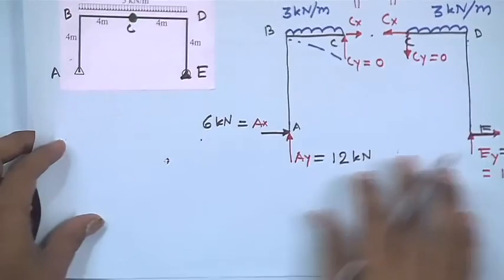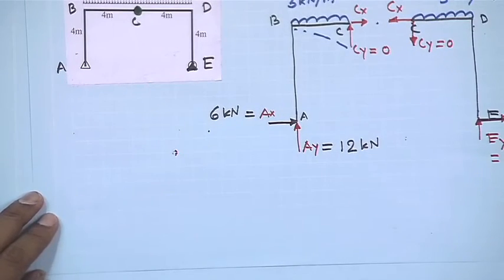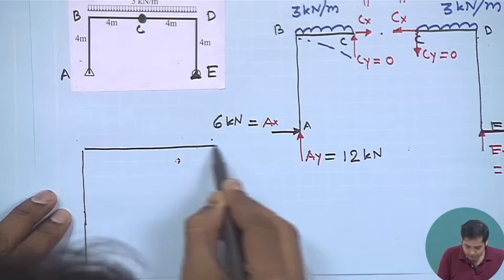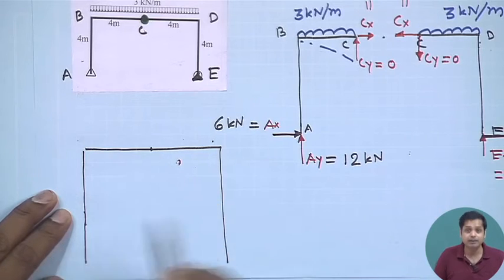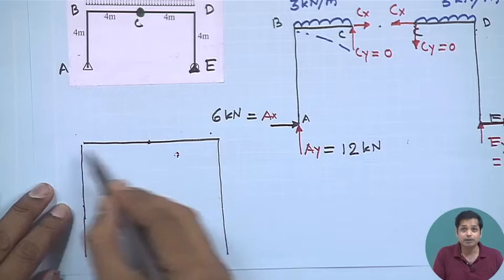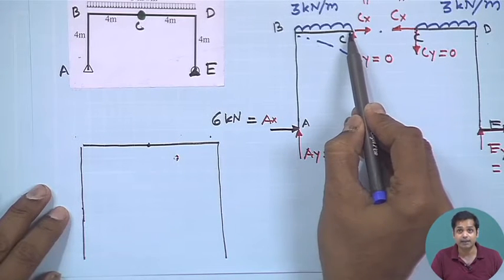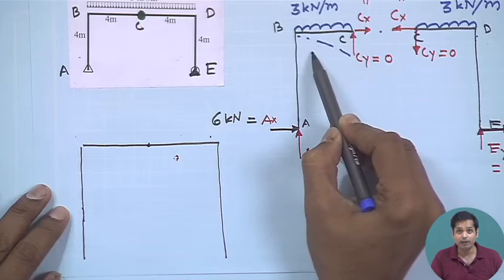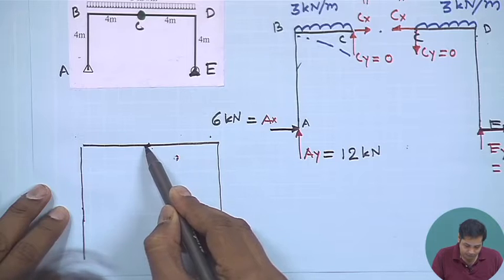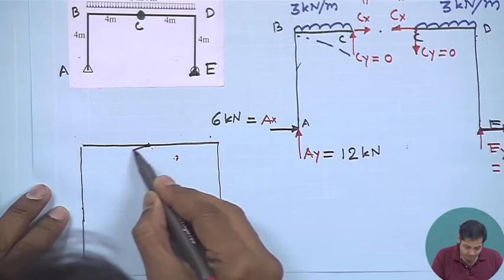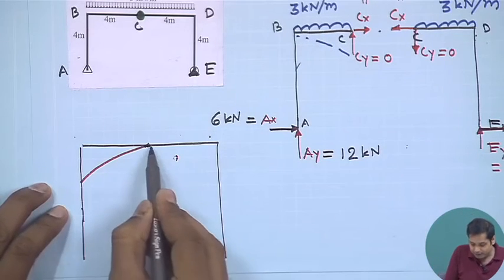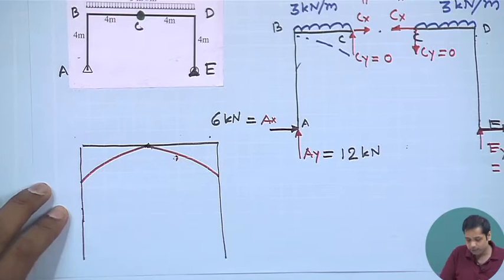So let us draw the bending moment diagram here. This is point C, where the bending moment is 0. Between C and B it is a hogging moment and varies quadratically, and this will be the bending moment between C and B. Similarly, it is symmetric, so the bending moment on the other part will be like this.